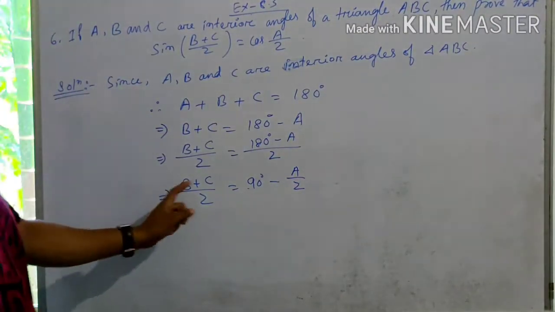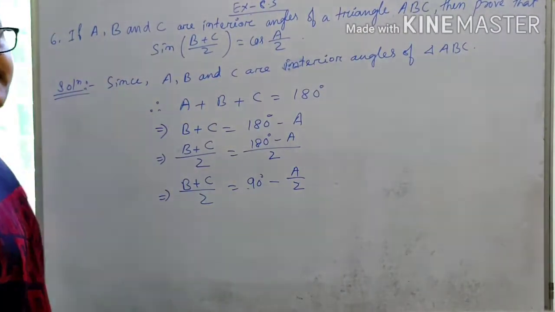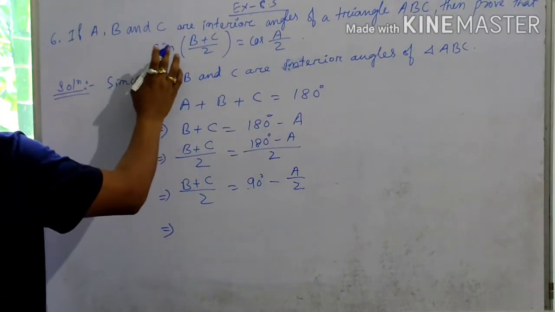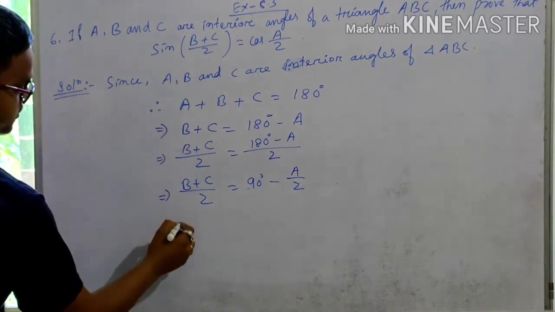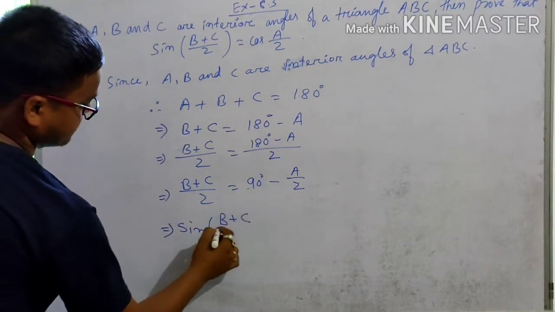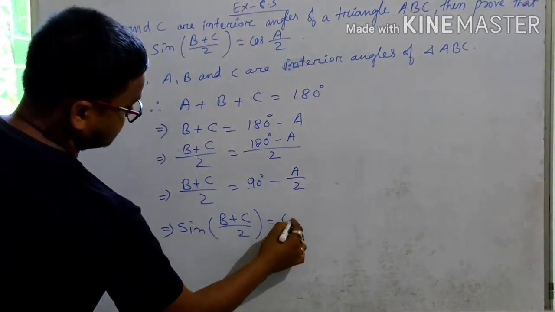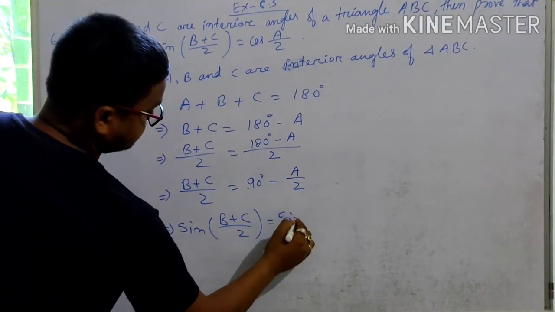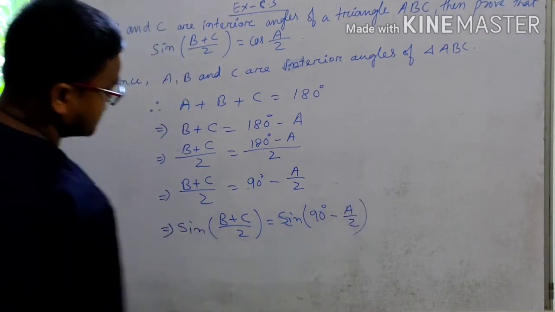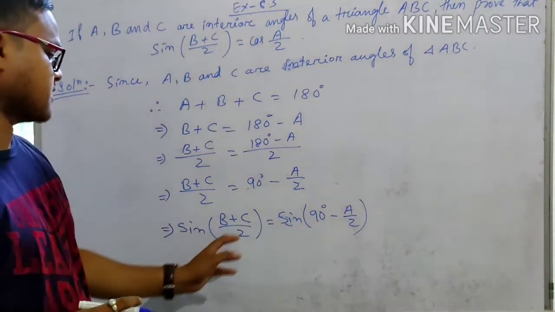So on the left hand side, B plus C by 2 is equal to 90 minus A by 2. Now, because in the proof the left hand side is sine, you take sine on both sides, and here you will get sine of (90 degree minus A by 2).